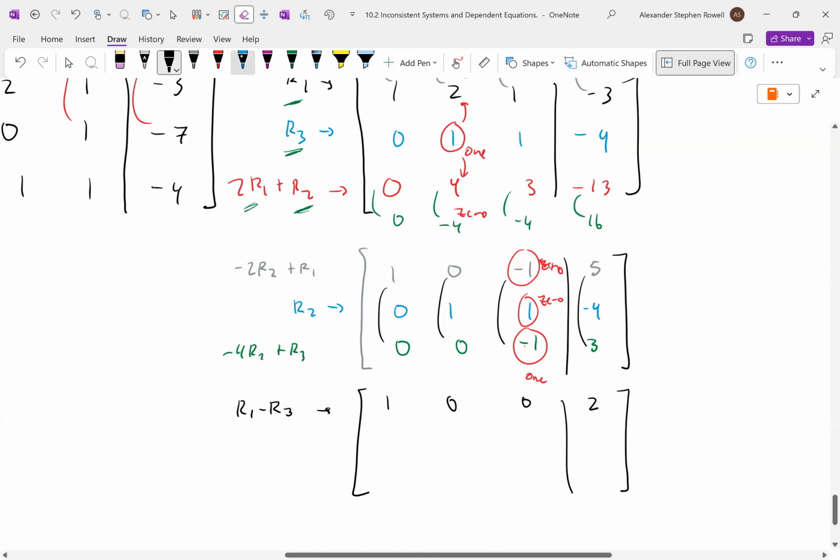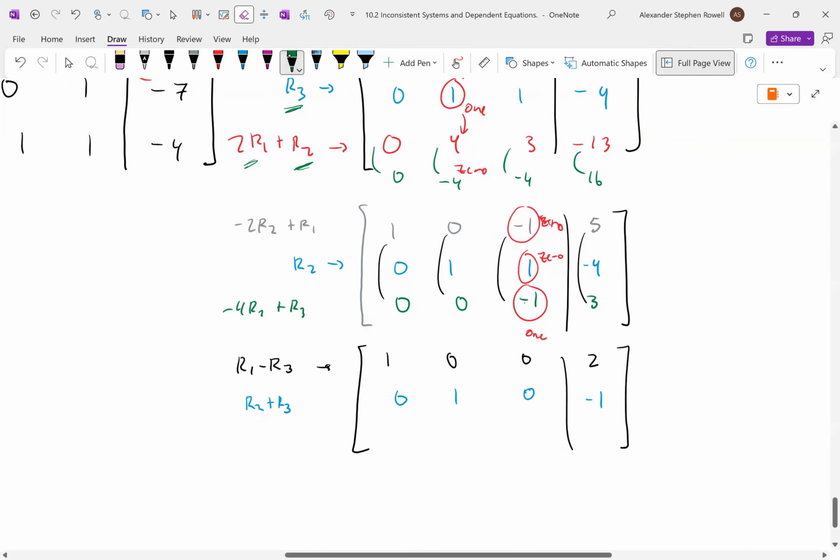The next step is I'd like to do row 2 plus row 3, which would give me 0, 1, 0, -1. And what's my last step on the bottom row? Yeah, -R3 would give me 0, 0, 1, -3.